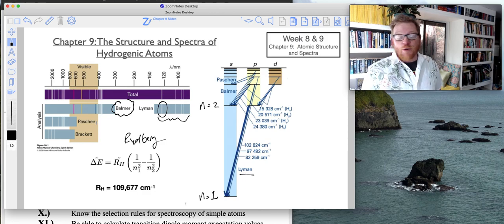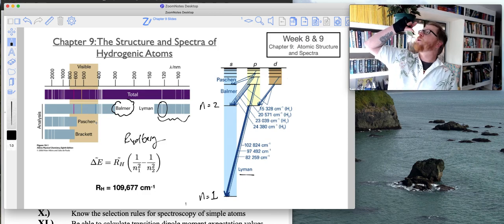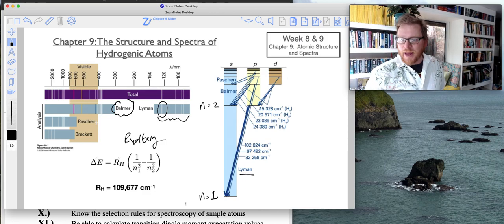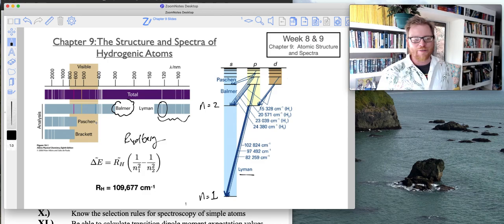If you were to look at the sun with a prism, and don't do it directly, make sure you have a prism and some kind of filter to keep you from looking at the full brunt of the solar spectrum, you would see those Balmer lines coming out of our sun, that red, orange, blue line. I'm going to move past this because our goal is to get to where we can predict this.